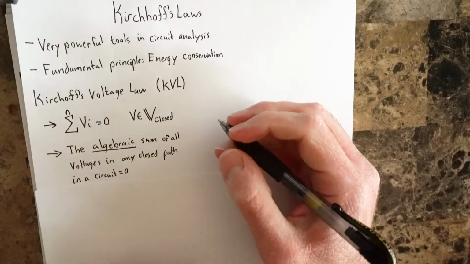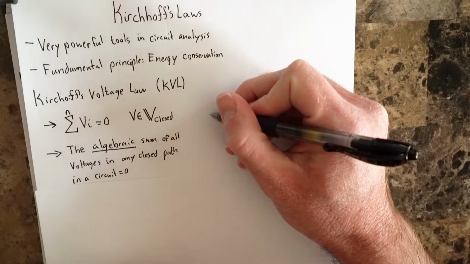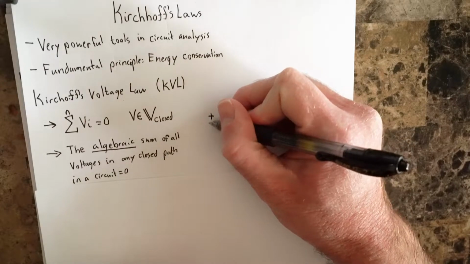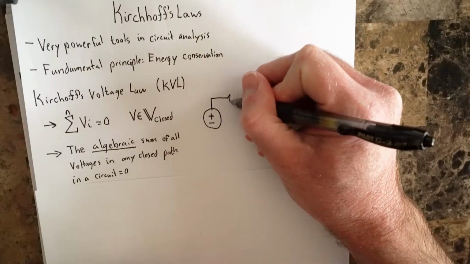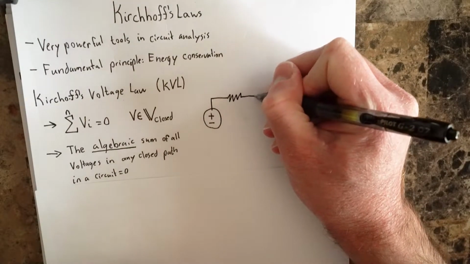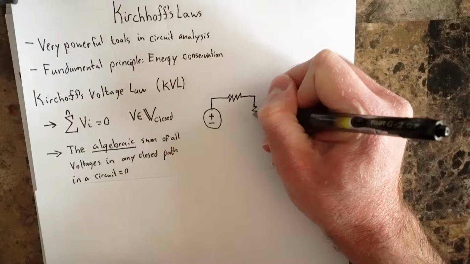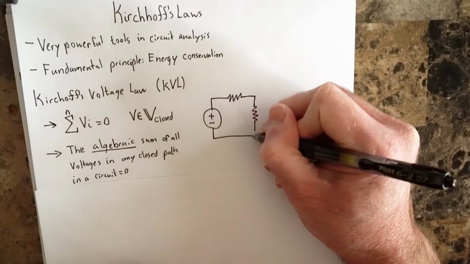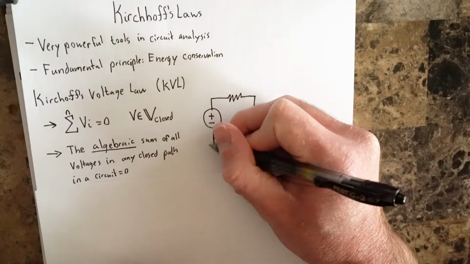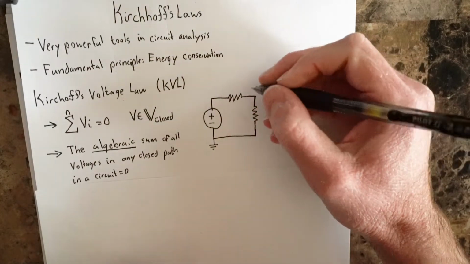To give an example of this, consider a circuit in which we have a resistor here, a resistor here, and let's go ahead and tie that off to ground.